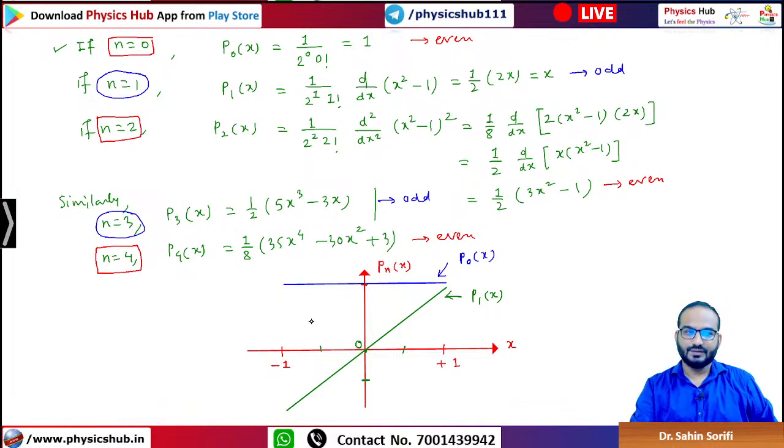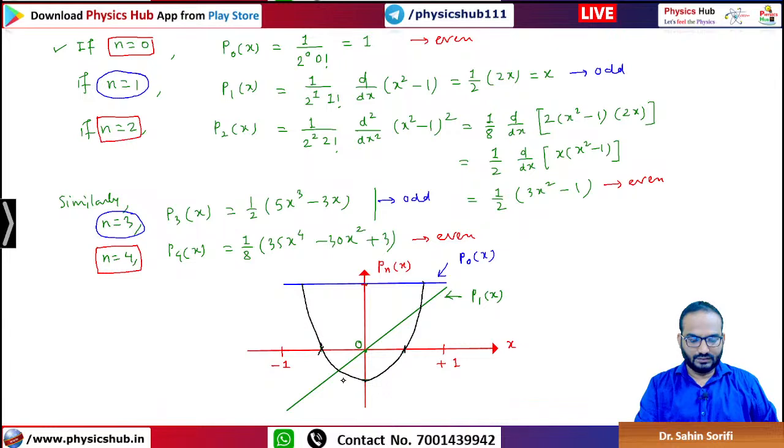So it will be a parabola like this. This point is -0.5 and these points are plus 1 by root 3 and minus 1 by root 3.